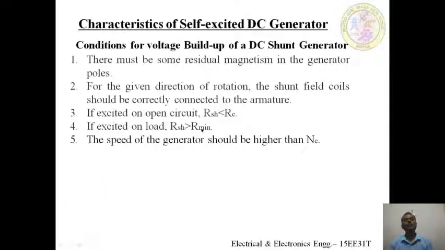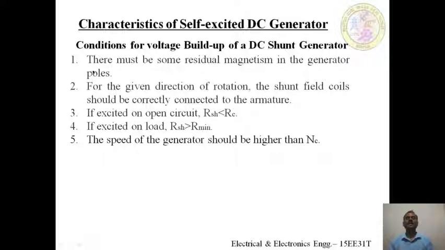To build up this voltage, certain conditions have to be satisfied. Otherwise, the generator will fail to build up its voltage. They are called the conditions for voltage build up of a DC shunt generator. If the generator fails to meet these conditions, it will fail to build up the voltage. That means the generator will not generate the voltage.